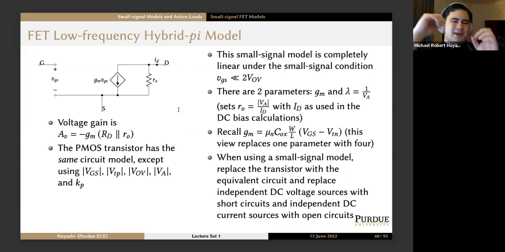If you have an independent DC voltage source, like a battery or the plus minus symbol or the supply symbols, like the little arrow that says V_DD or V plus or V minus, you replace that with a short circuit. Usually that's a short circuit to ground because the other side of the DC voltage source is connected to ground. An independent DC current source becomes an open circuit. That's how you turn it off.